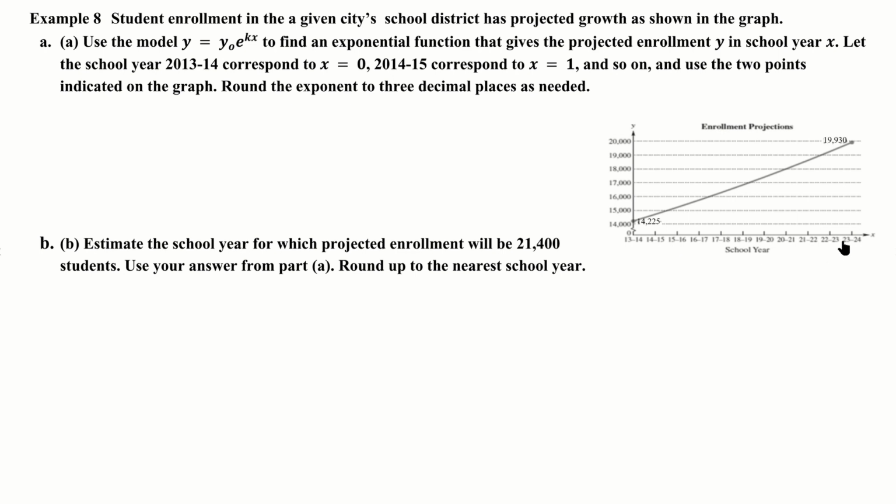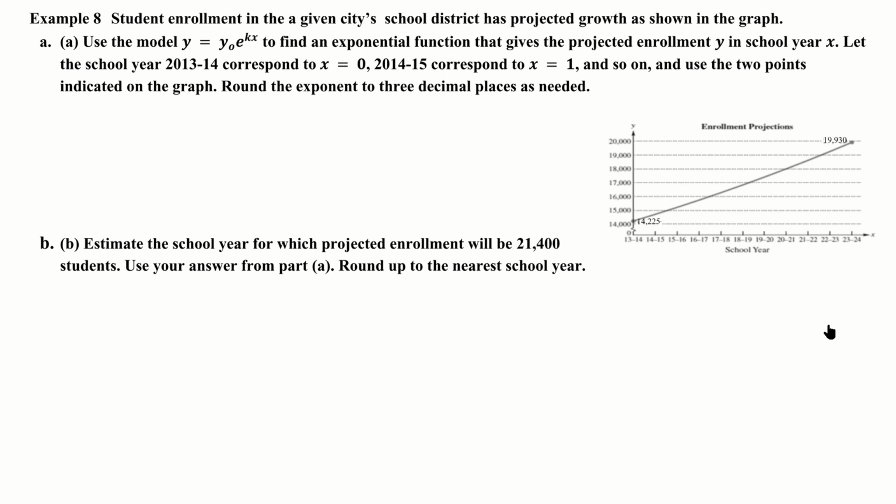So basically, notice you can go 14 minus 13 to get the 1, or 15 minus 14. Just be consistent. So if you want to know the year 23-24, for example, for which we have a data point, you can just go 23 minus 13. So this would be representing the point at 10, comma 19,930. So notice we have 2 points shown here on this graph.